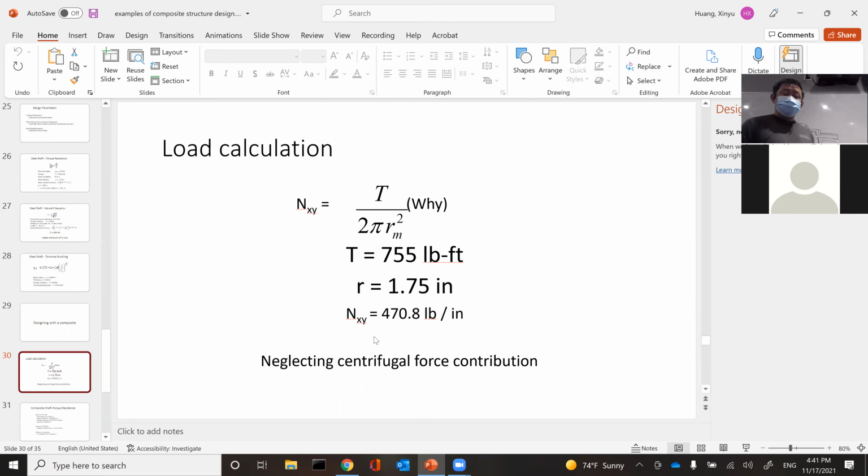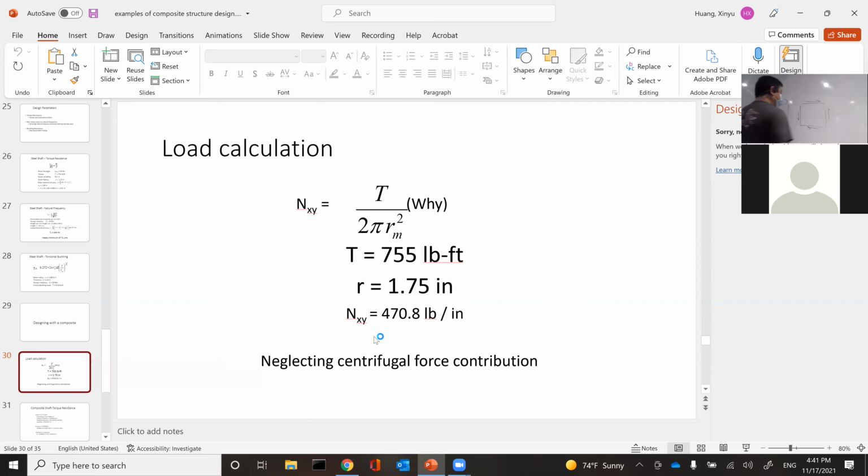You can actually figure out how much shear is applied to the equivalent flat sheet. Let me draw a picture here. If you have a shaft with torque applied like this, it's the same as a flat panel with shear applied like this.